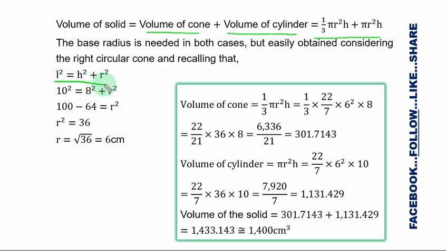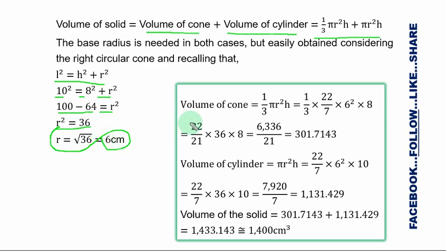So you have square of the slant height equal to square of the height plus square of the radius: 10 squared equals 8 squared plus r squared. You have 100 minus 64 equal to r squared. r squared is equal to 36 and r is the square root of 36, and that is 6 centimeters.